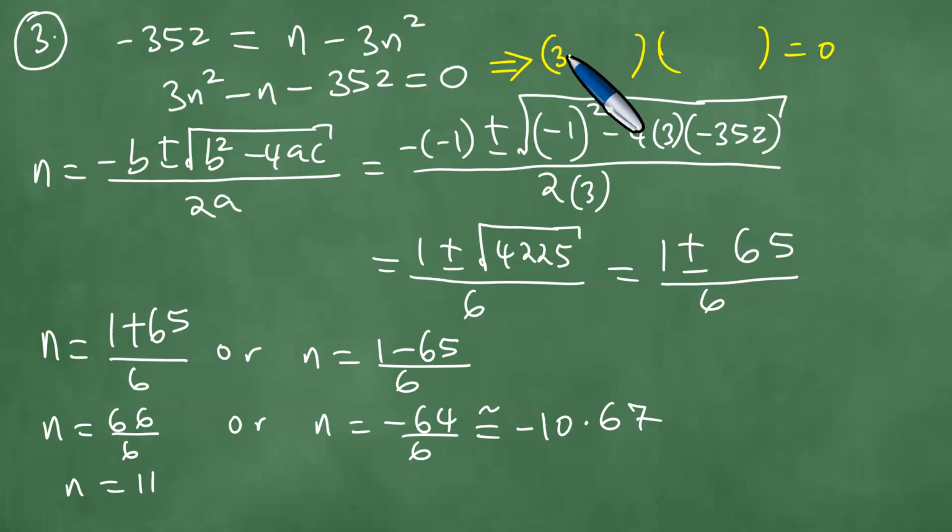The factors of 3n squared are 3n and n. 3n and n. All right, and then now we have the following.